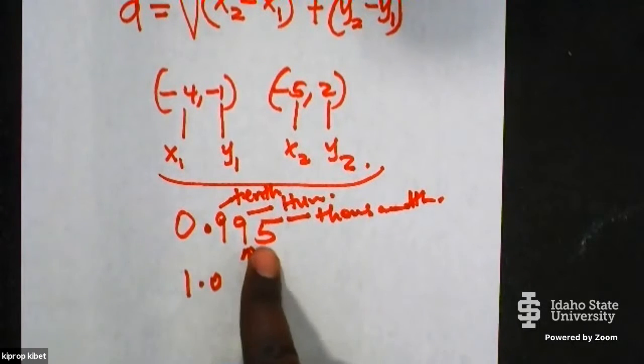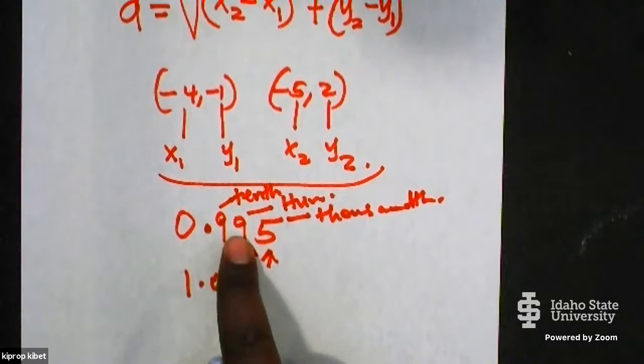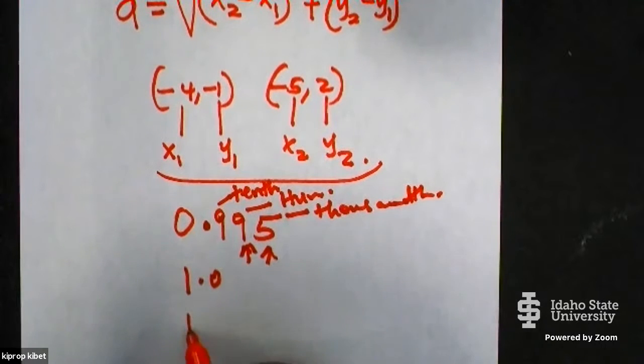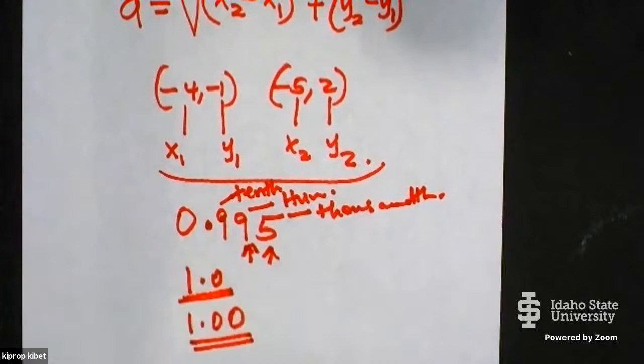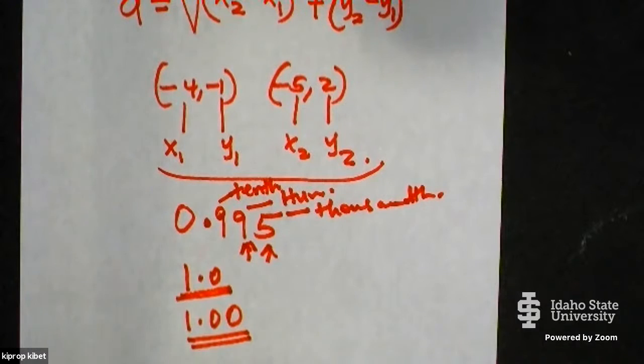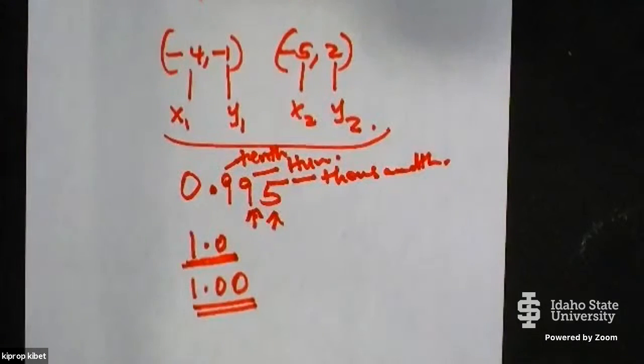If it is greater than or equal to 5, then you add 1. So to the nearest 100, this equals 1.00, and it works the same way for thousands. So you need to know this. Any questions?